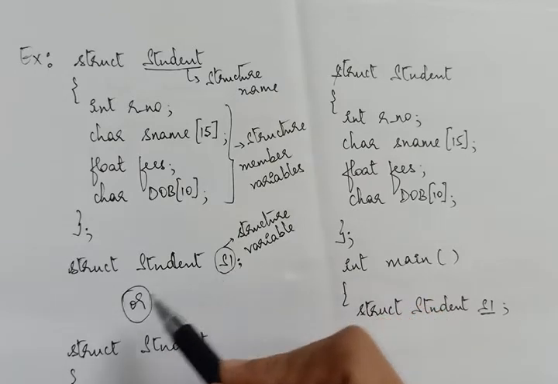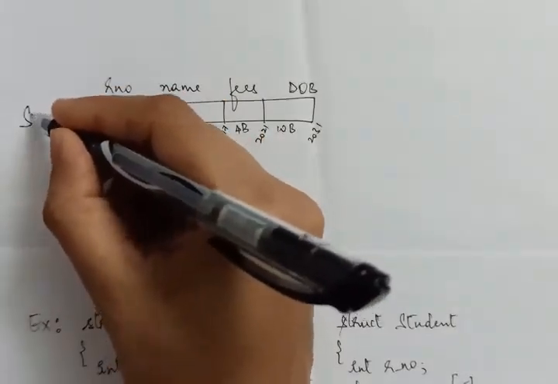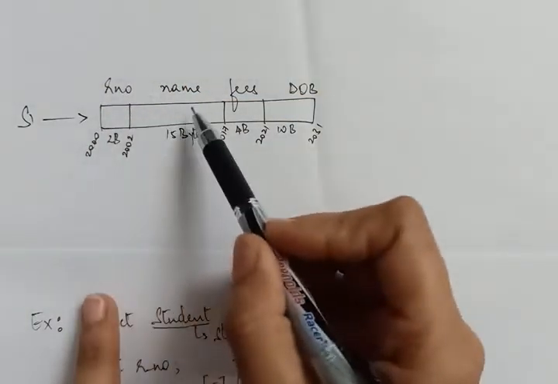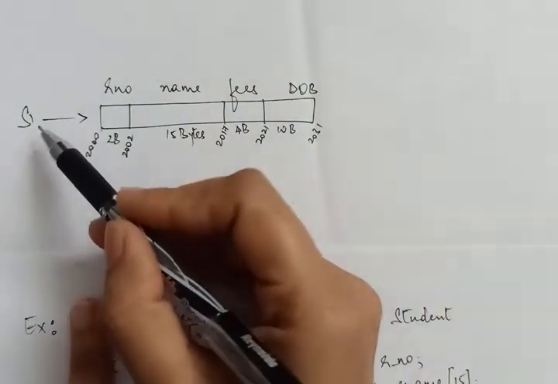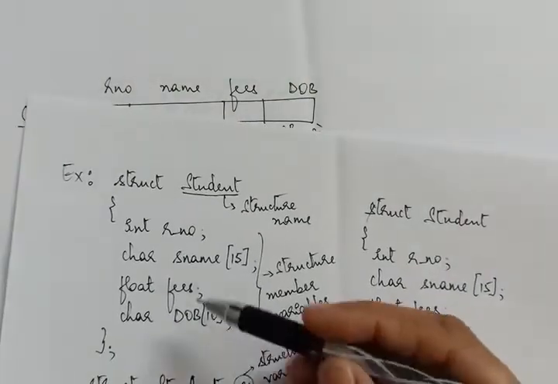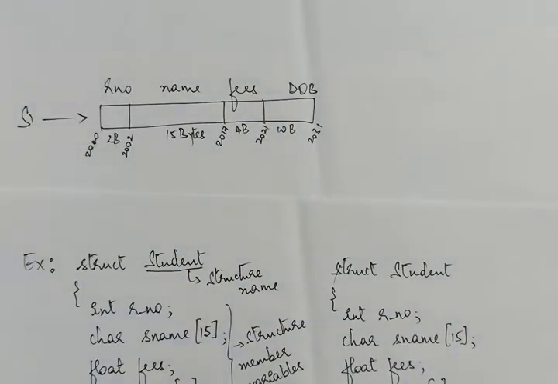When S1 is created, that is when this statement gets executed, S1 points to these locations, and the members of that structure get memory allocated contiguously. Okay, this is how the memory gets allocated.